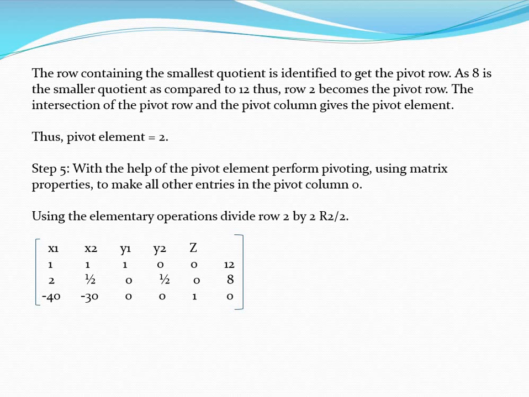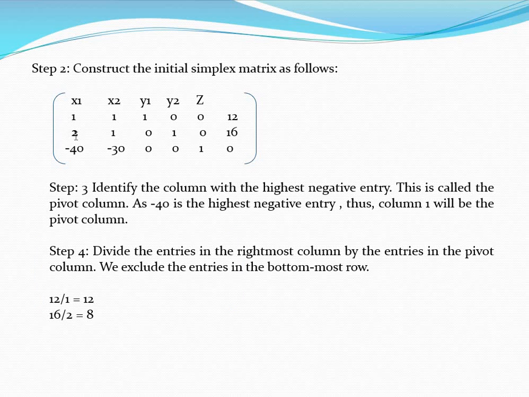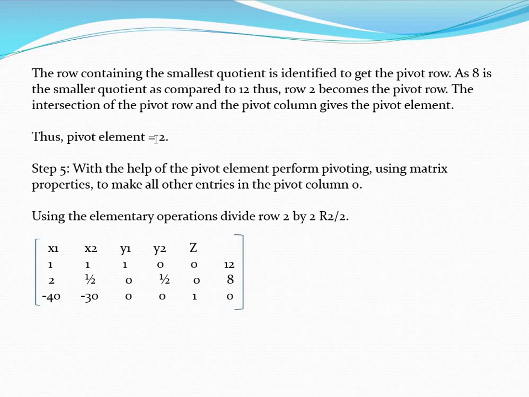Now you see row 2 is identified as the pivot row, and column 1 is identified as the pivot column. The intersection of the pivot row and pivot column is at number 2, and number 2 is taken as the pivot element.